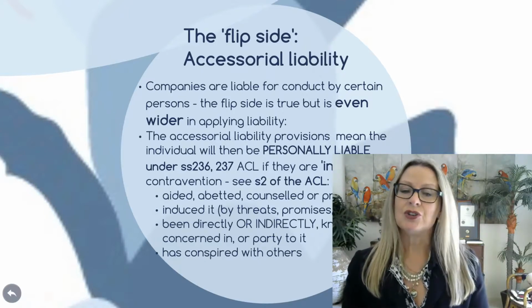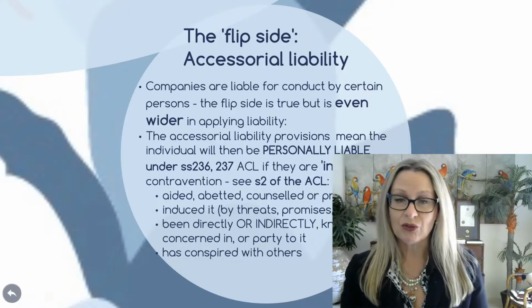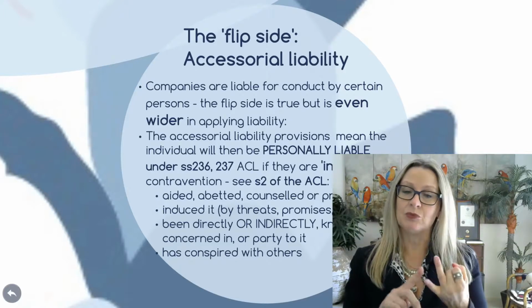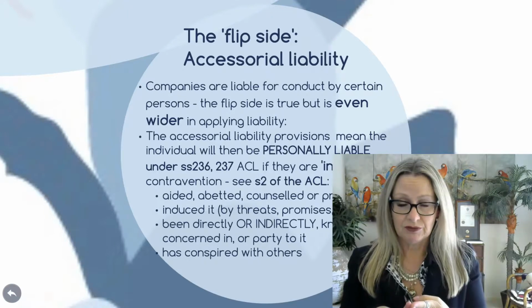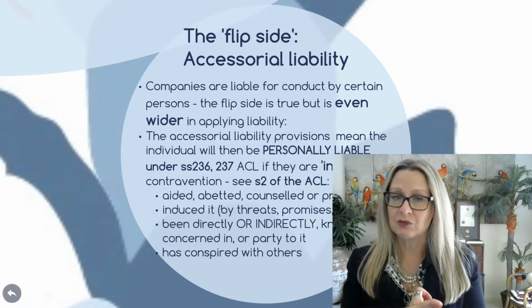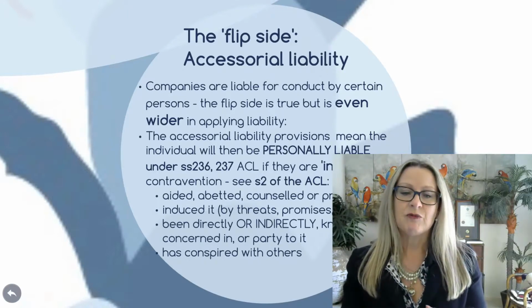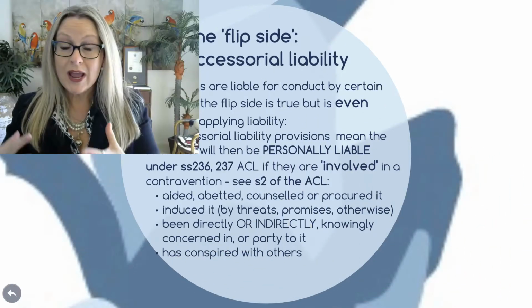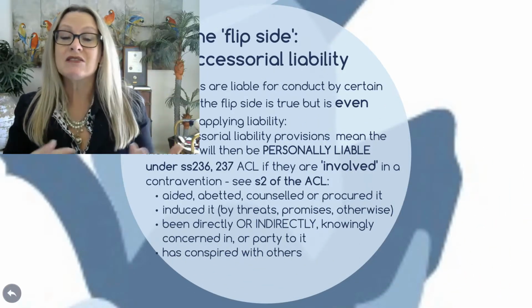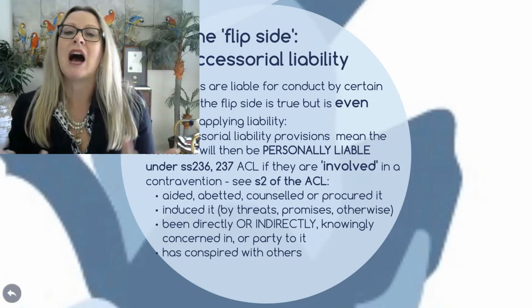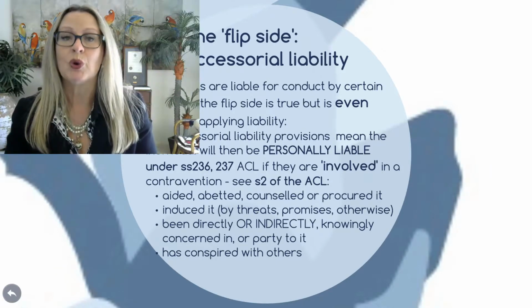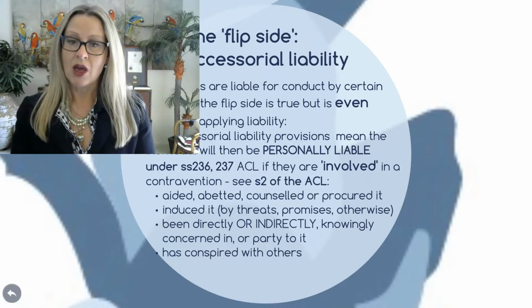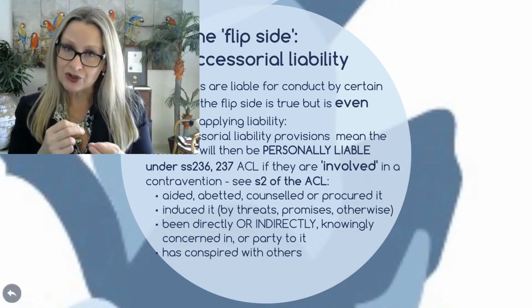So if you've done the usual accessorial kind of naughty things, like you've aided, abetted, counselled, procured a breach of the ACL, if you've induced it by threats or promises, if you've been either directly or indirectly knowingly concerned in or somehow party to, or you've conspired with other people to breach the ACL, then again you may find yourself personally liable.